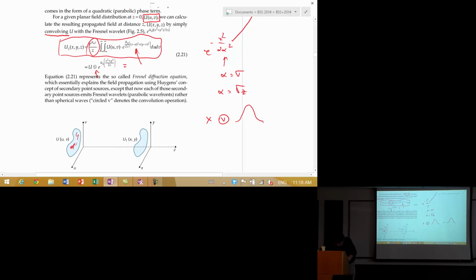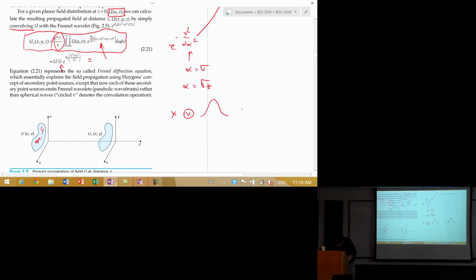So if your image is made of many different points, and let's say very fine structure, what you are going to end up with through convolution is a much smoother function, which is to be expected. If I start with a field here, with the crumpled field that I told you, the balloon or the shirt, as it propagates, it's smoothed out.